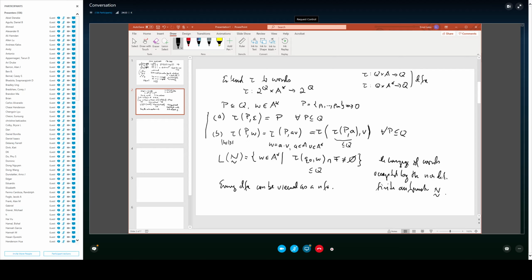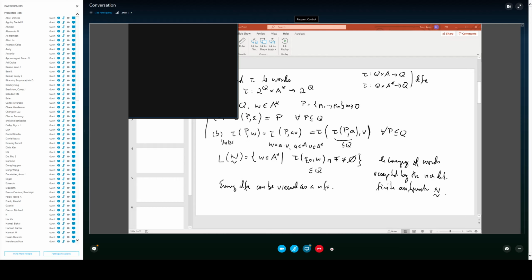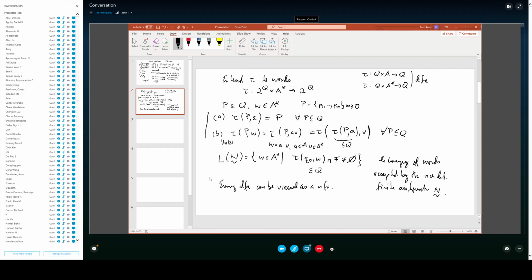So I'll go ahead and stop. All right. Yes? So just to make sure, one of the main things that we're trying to figure out is how to actually build an automaton. And here we can determine that it doesn't really matter how many of the same path there are, if it gets you to the same spot.